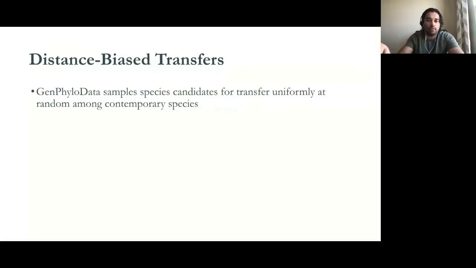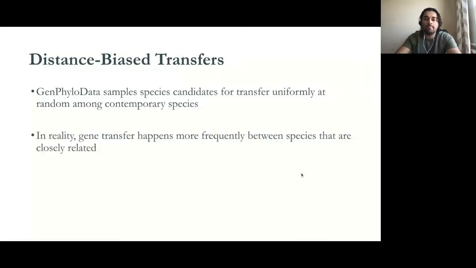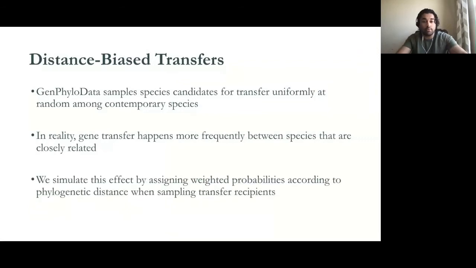Whenever our improved version of GenPhilo data samples species candidates for transfer, instead of doing it uniformly at random among contemporary species, we would do this in such a way that it reflects reality, which would be that we assign weighted probabilities to the potential candidate recipients as a function of their phylogenetic distance from the donor.